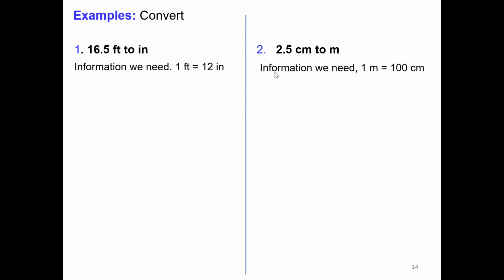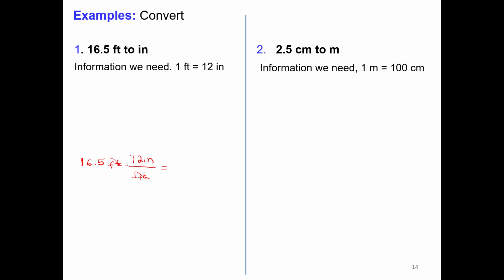We write 16.5 feet, then the conversion factor. The only way the feet cancel out is if we write 1 foot in the denominator and 12 inches on top, because this feet on top and this feet on bottom will be canceled. Now we multiply, thinking of them as fractions.